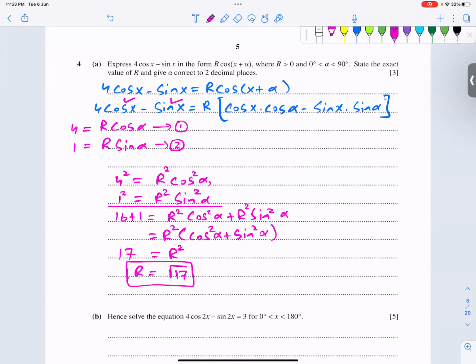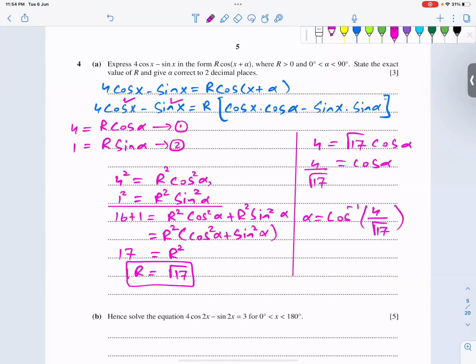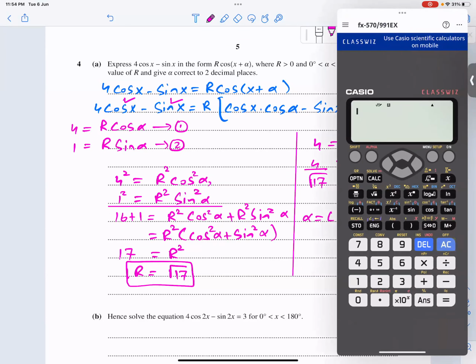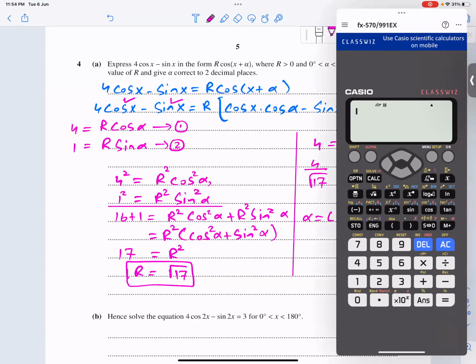Now put r equal to square root of 17 in equation 1: 4 is equal to square root 17 cos of alpha. Now you can find 4 over square root 17 is equal to cos of alpha. So just take cos inverse of 4 over square root 17. The calculator will be in radian.